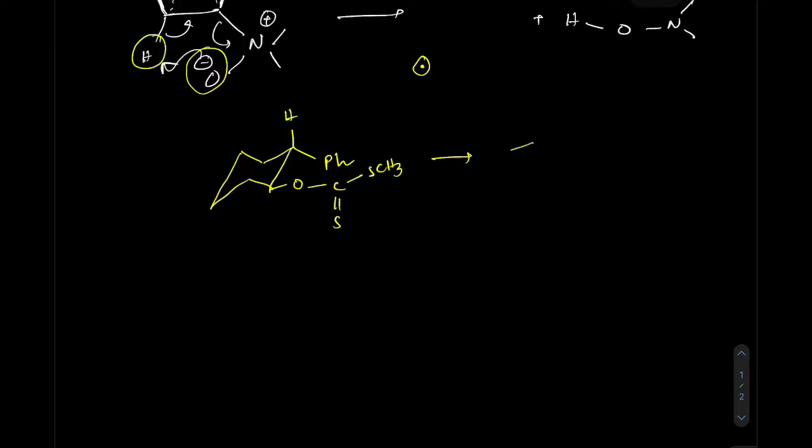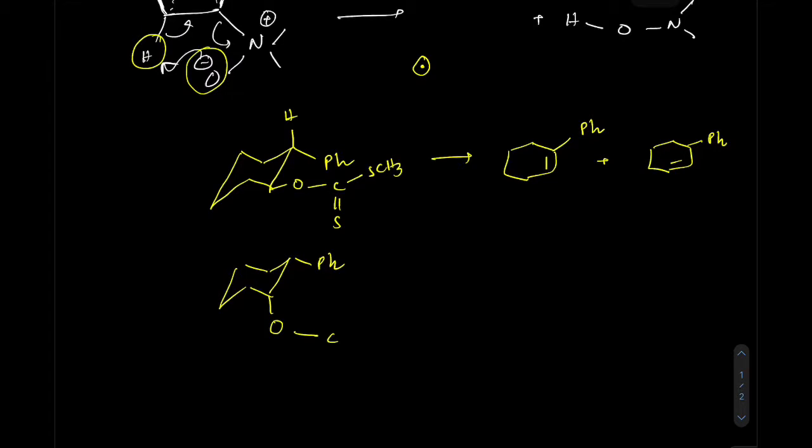This gives two products. In another case, where the hydrogen and the xanthate ester are cis with each other, it gives only one product, like this.